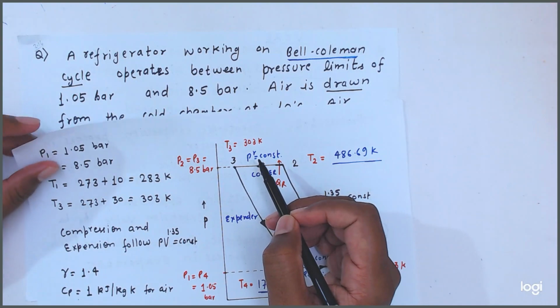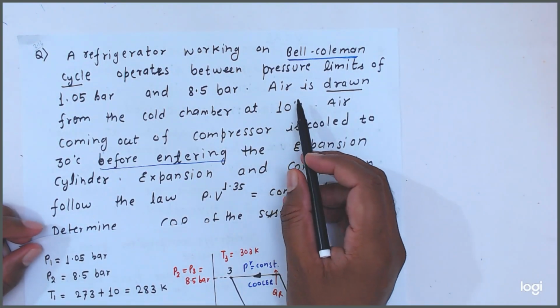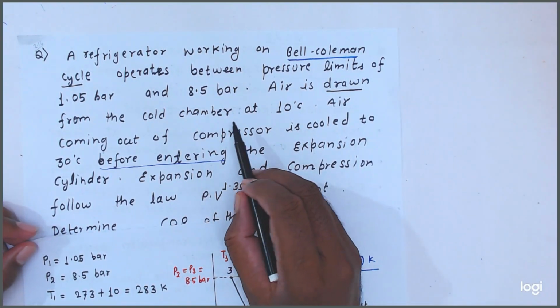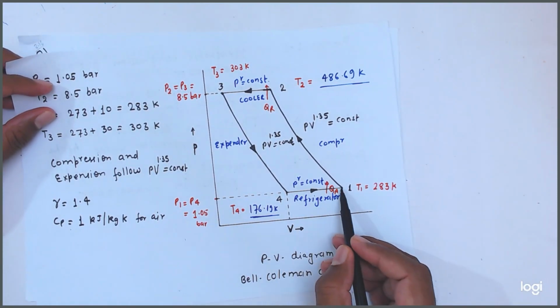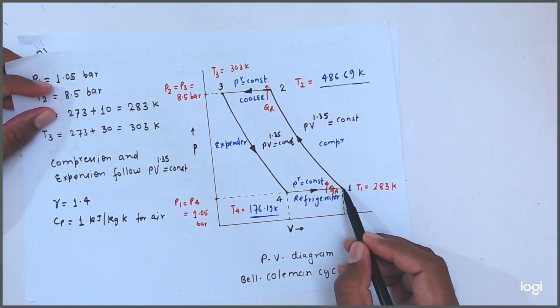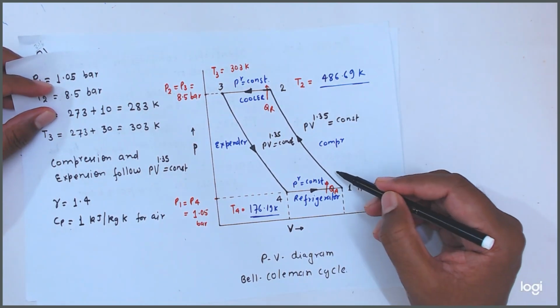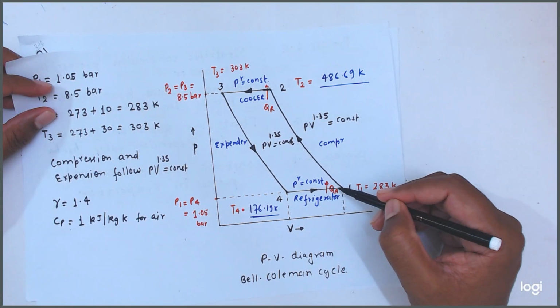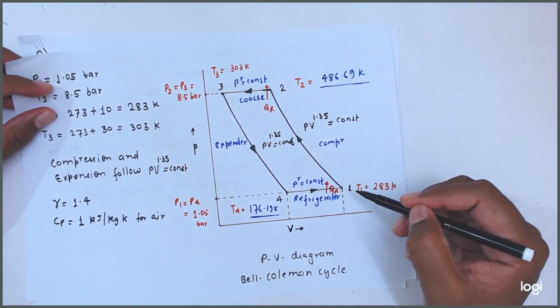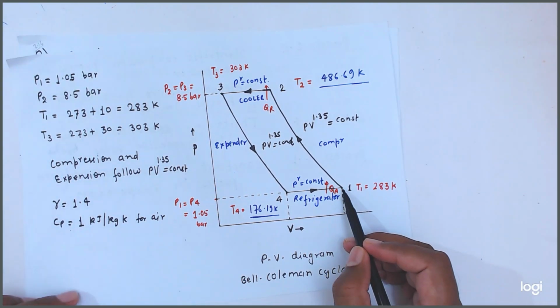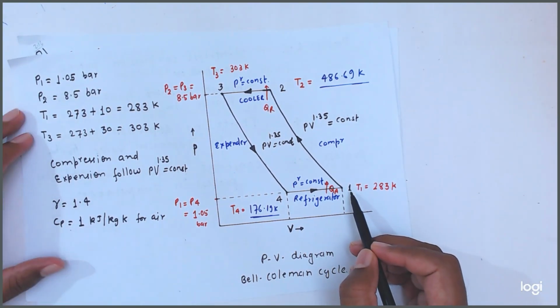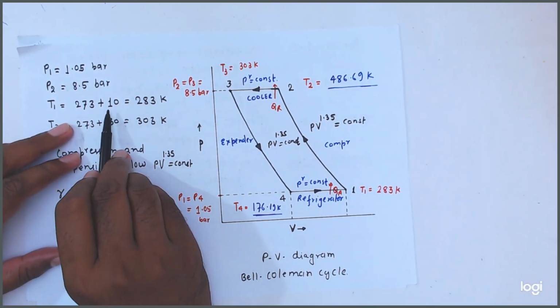Now the air is drawn from the cold chamber at 10 degrees centigrade. This is the cold chamber. So for compression purposes, the air is drawn from the cold chamber. So the temperature at point 1 is given as 10 degrees centigrade.